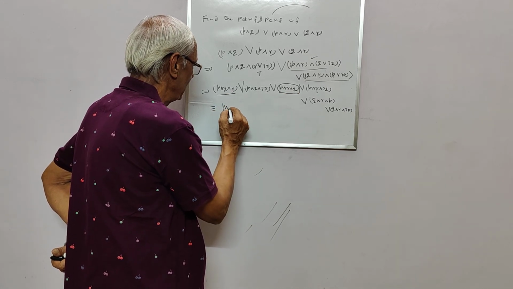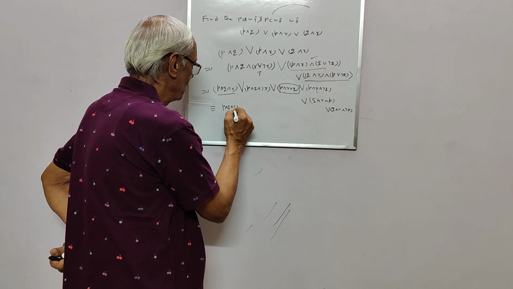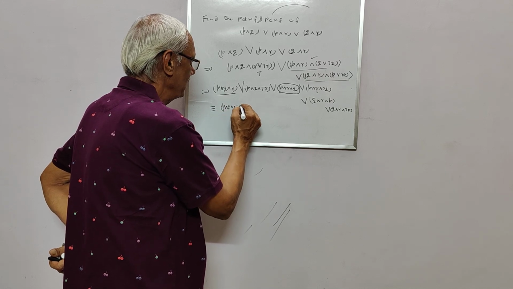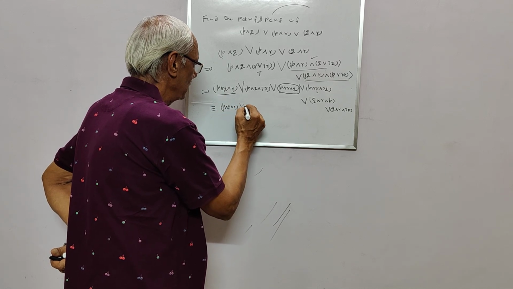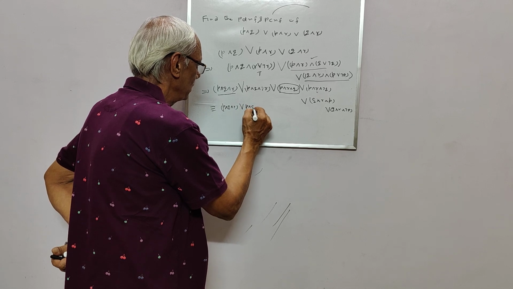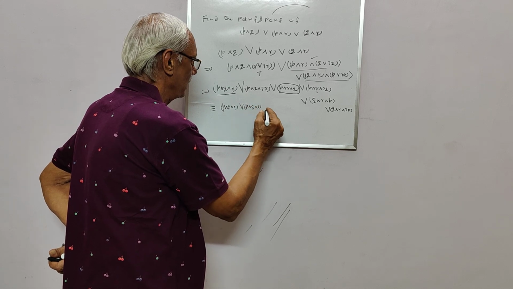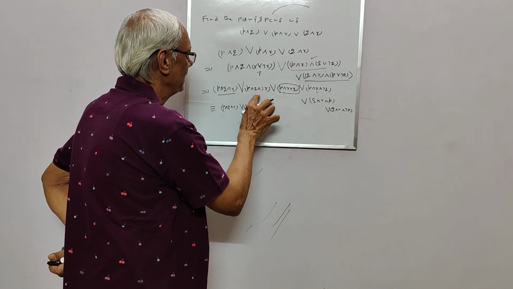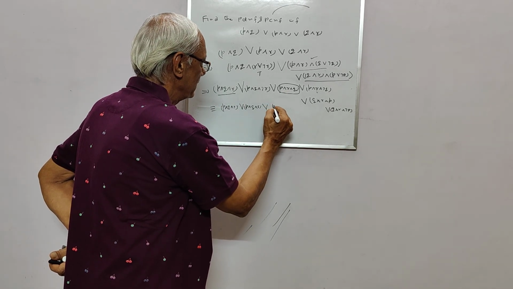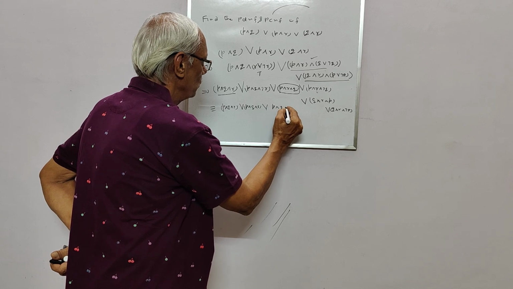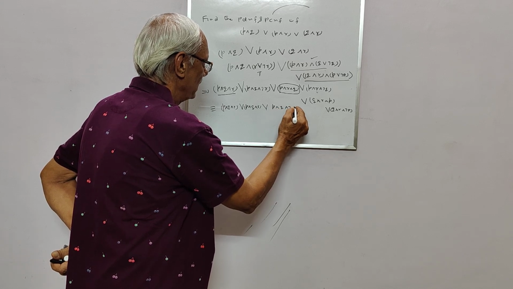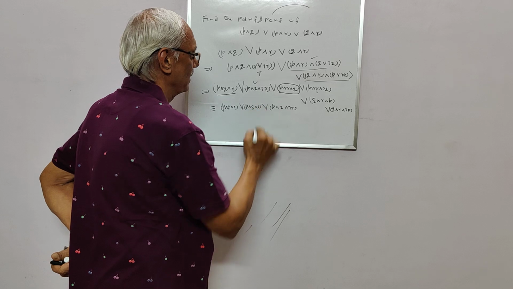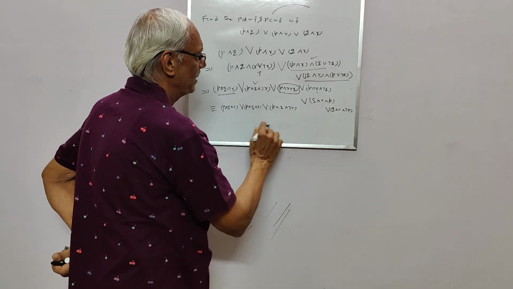So you write this as P conjunction Q conjunction R, then union P conjunction Q conjunction R. So these two have been written. Then this is P conjunction Q conjunction negation R. So these three have been written.